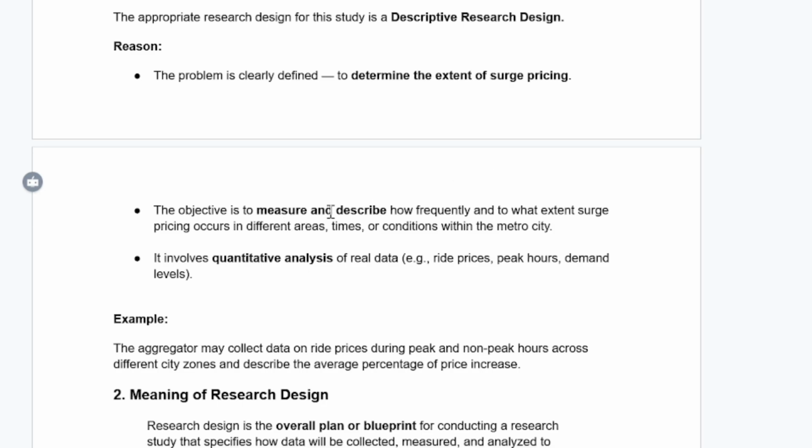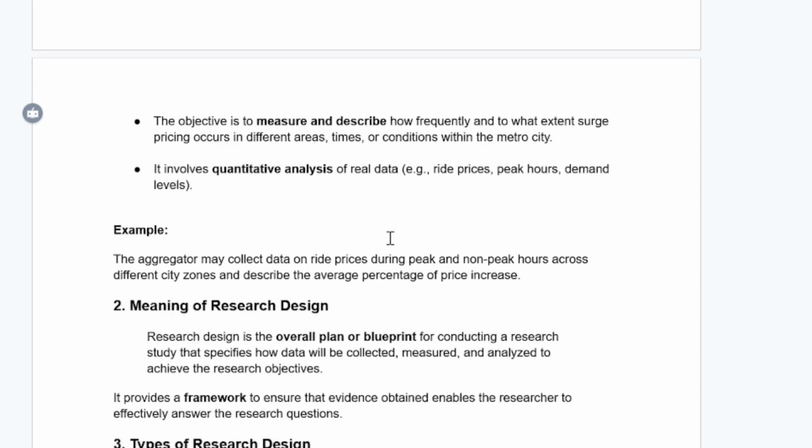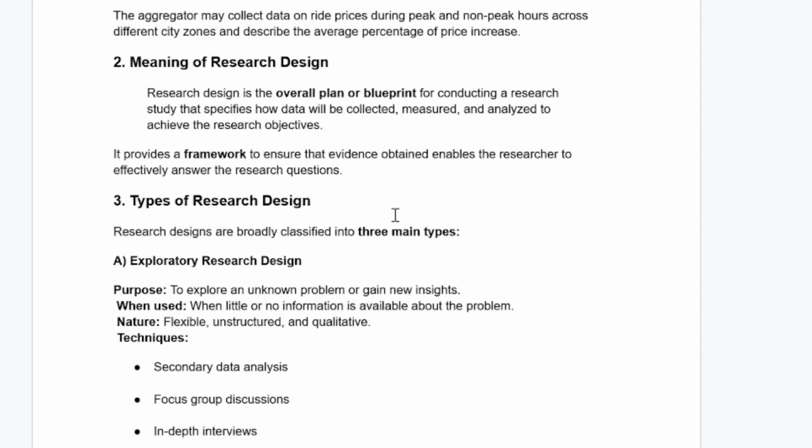The objective is to measure and describe how frequently and to what extent surge prices occur in different areas, times and conditions within the metro city. And it involves quantitative analysis of real data, that is ride prices, peak hours, demand levels. For example, the aggregator may collect data on ride prices during peak and non-peak hours across different city zones and describe the average percentage of price increases.